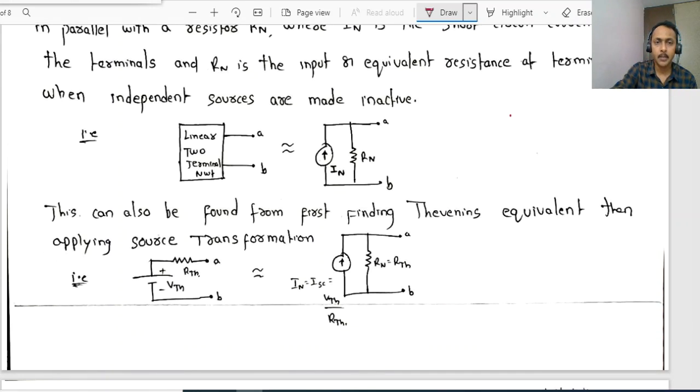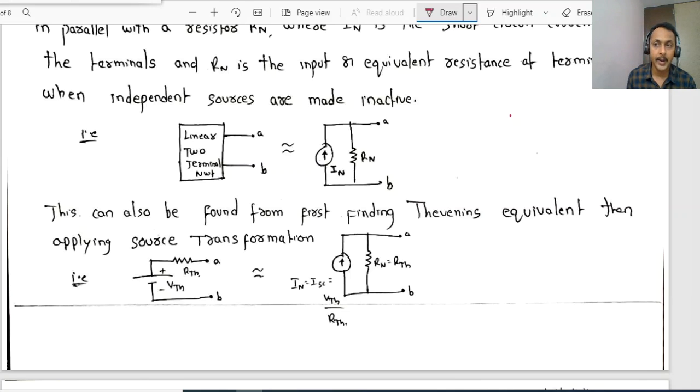Sometimes you can do it like this also. After finding its Thevenin's equivalent circuit, if nothing is specified, we can find the I Norton at last, and R Norton will be equal to R Thevenin. Then how do we get I Norton, or I SC, the short circuit current?